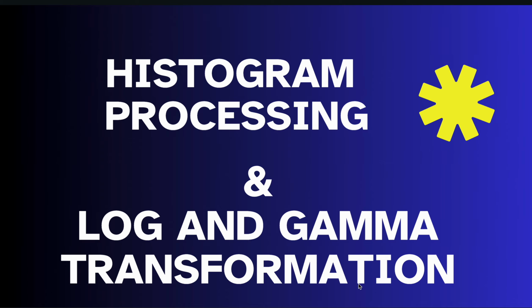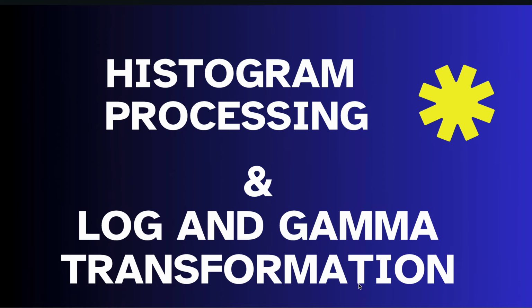And right after that, we'll look at histogram processing and log and gamma transformations. Histogram processing is really useful, and it's a very powerful tool to do contrast enhancement and intensity distribution. So we'll do linear stretching of the histogram.